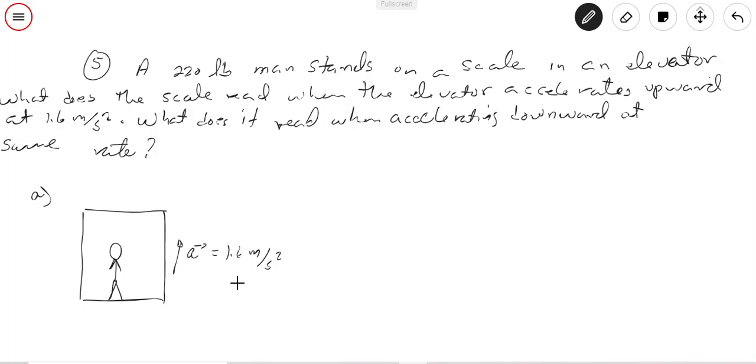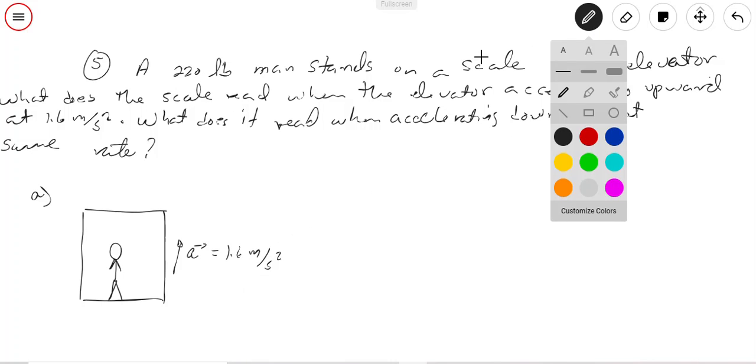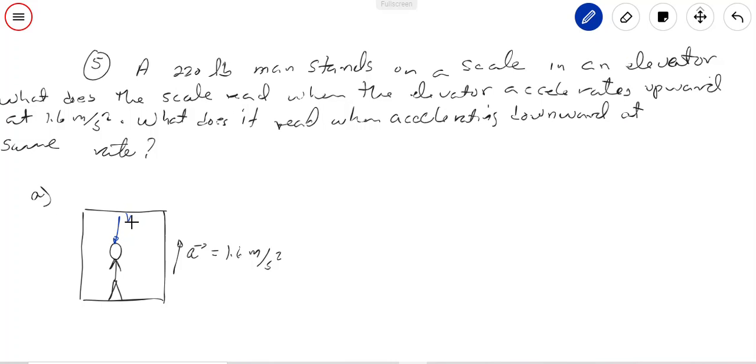What else? We have the weight of this person that points downward. And we have the normal force that is opposite to the weight.